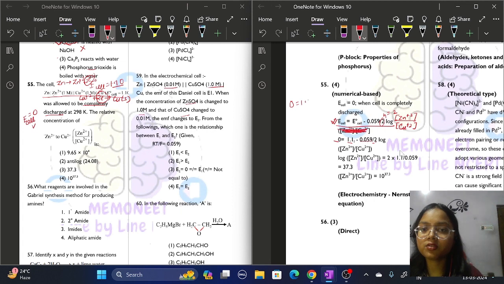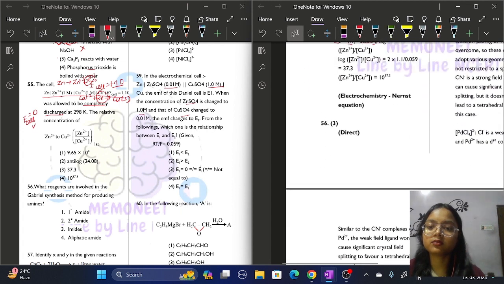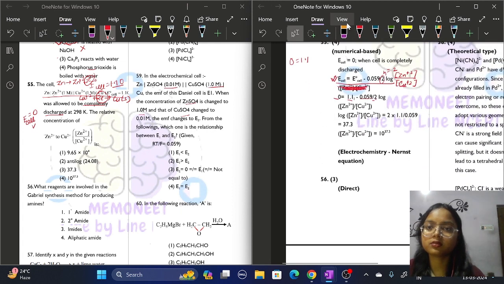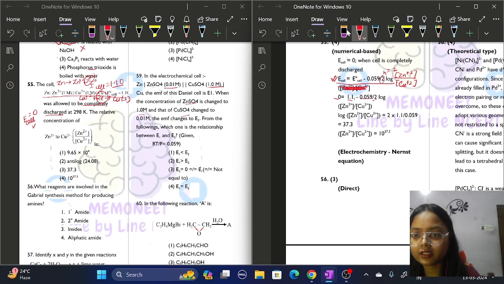Okay, so 0 is equal to 1.1 minus 0.0592 by n log of the concentration of Zn plus 2 by the concentration of Cu plus 2.